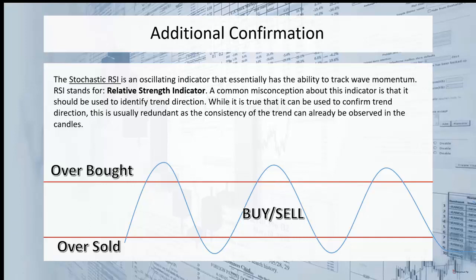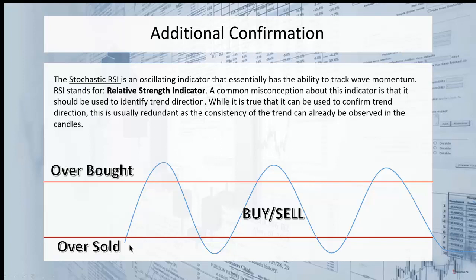Now, here's what I mean about this indicator. What you will generally see, and we're going to look at this on a chart next, is that this indicator is going to wave up or down regardless of the current trend. It doesn't care if the trend overall is bullish or bearish. Instead, what this indicator tracks is relative strength.